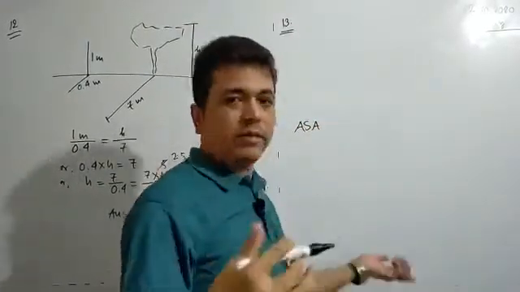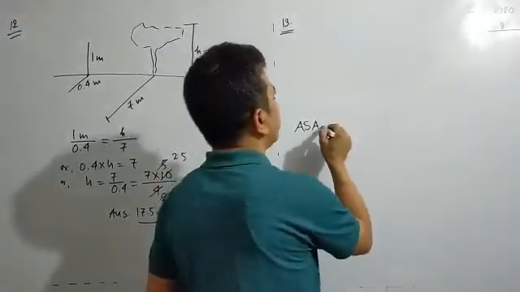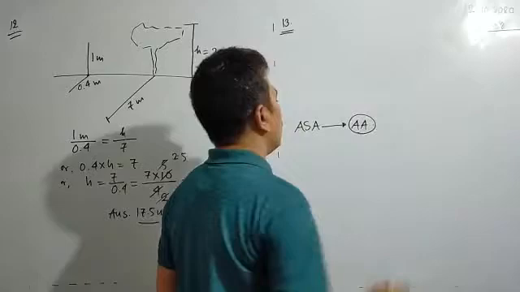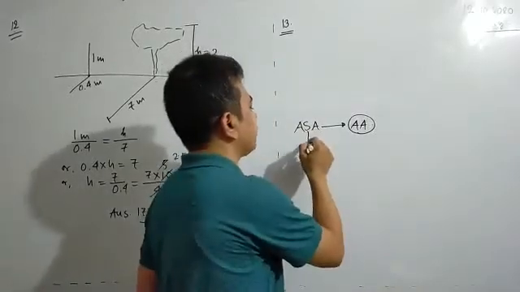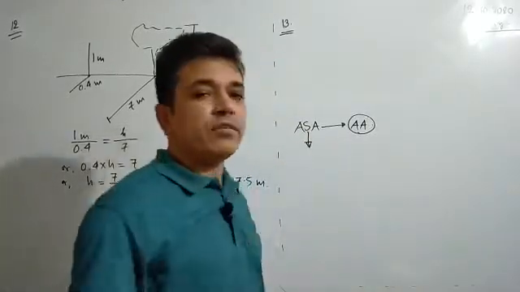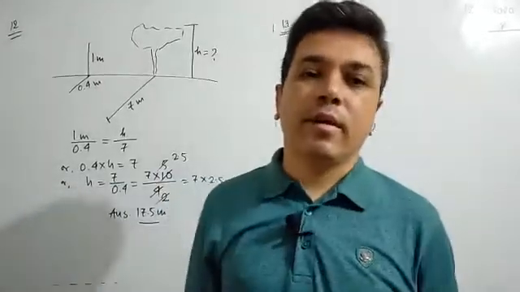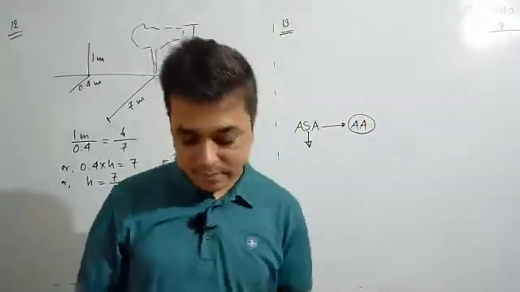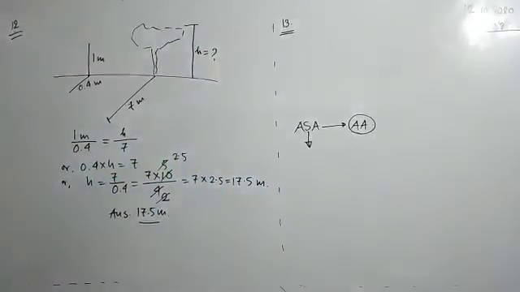Normally the theorem is ASA, but when we write the condition, we just write AA. Why is this side removed here? What is the reason behind that? I will explain it now.